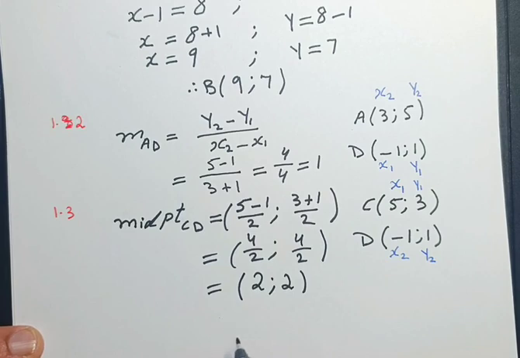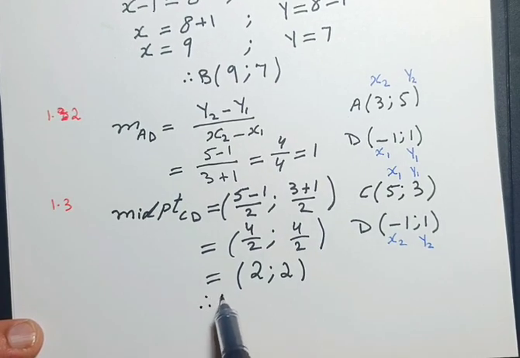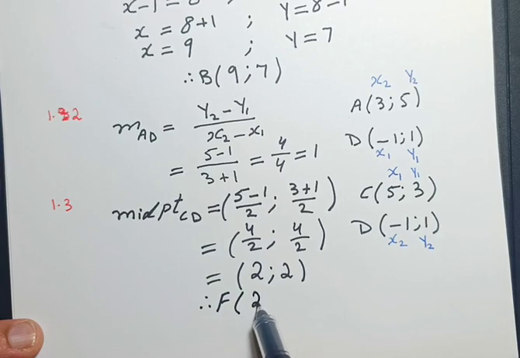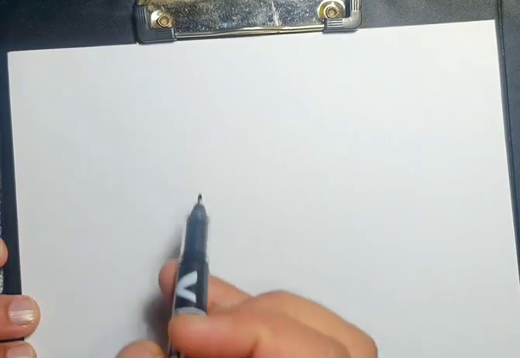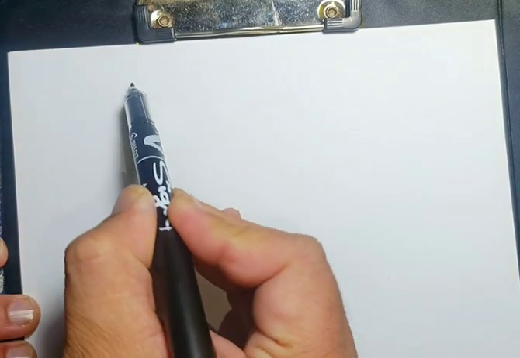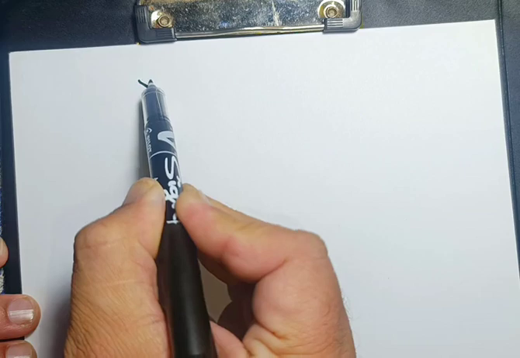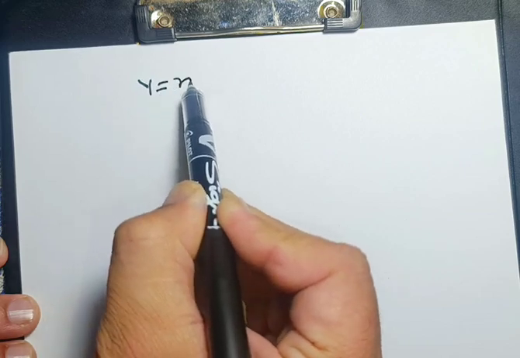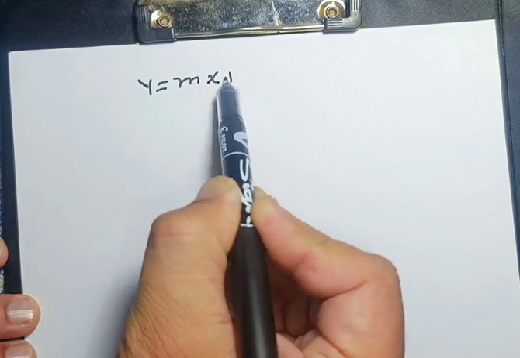So the answer is 2 and 2. Therefore the coordinates of F are (2, 2). Now we need to find the equation of the line, so y is equal to mx plus c.